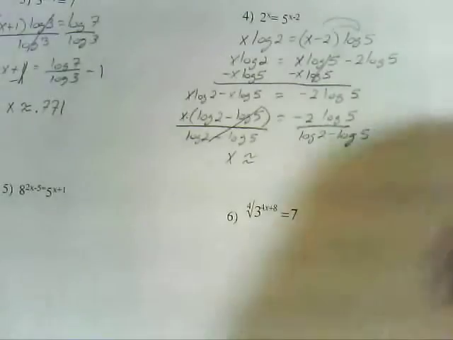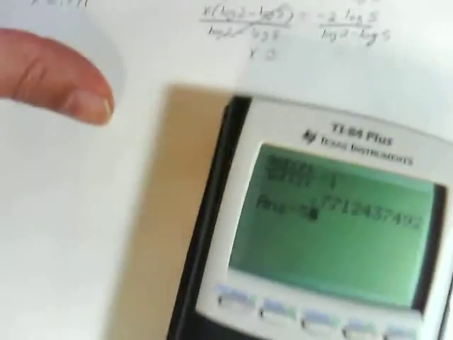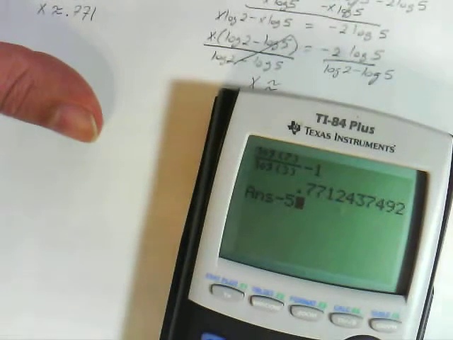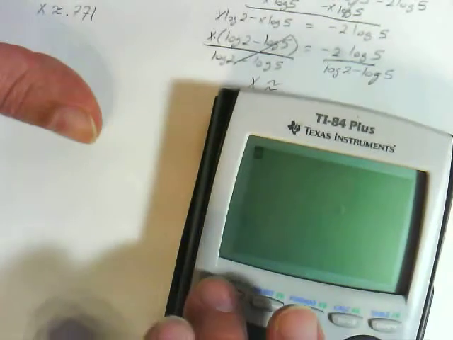And with my calculator, this is where things get a little bit longer, and this is where you have to get a little bit better with the calculator. I'm going to clear that out. Alpha F1.